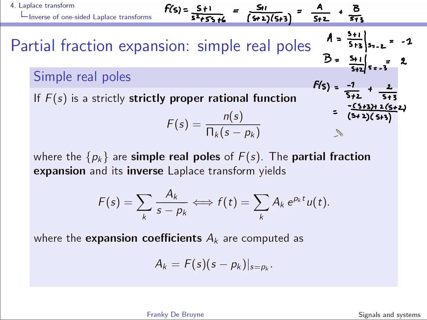And if you check, minus s plus 2s is an s, minus 3 plus 4 is 1, so s plus 1 over (s plus 2)(s plus 3), and now we're satisfied because we have checked that everything is correct.